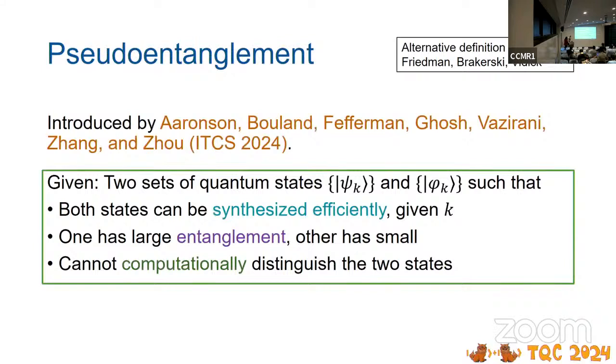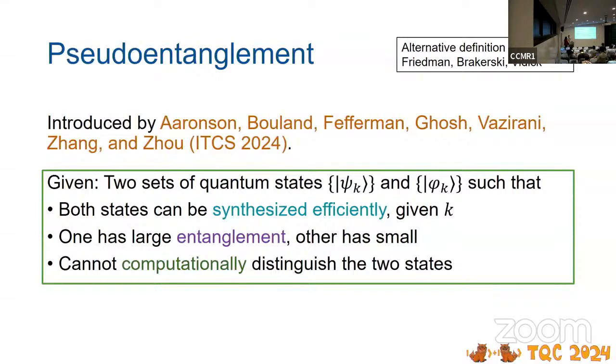Okay, so the one difference is that, I believe, only the low entanglement state has to be prepared efficiently. Also, the entanglement is only over a fixed cut, but now the definition of entanglement changes.